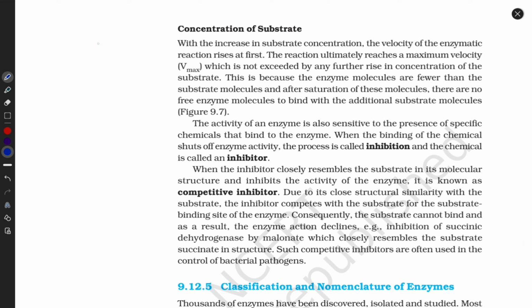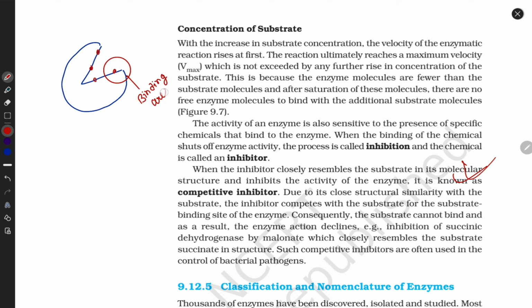I'm explaining this in depth, guys. Now listen to me, be focused. This is the active site. Here is the binding site, the binding area of the substrate. This is the catalytic area.